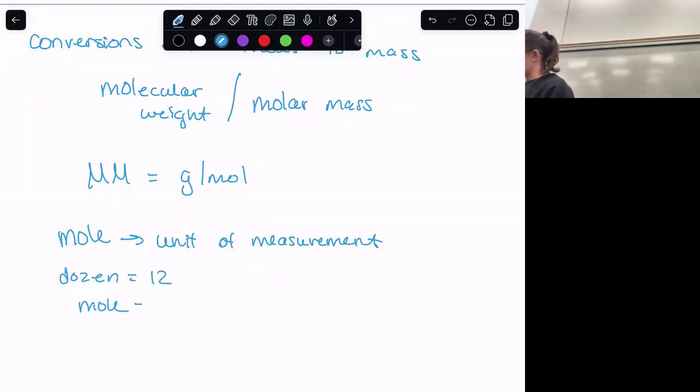A mole is, does anyone remember the number? 6.022, perfect, right? 6.022 times 10 to the 23. I will mostly use 6.02 times 10 to the 23. Use what's given on your formula sheet in your exams, or in the question if it tells you that. But 6.02 is usually going to get you the right answer. So that's good enough for there.